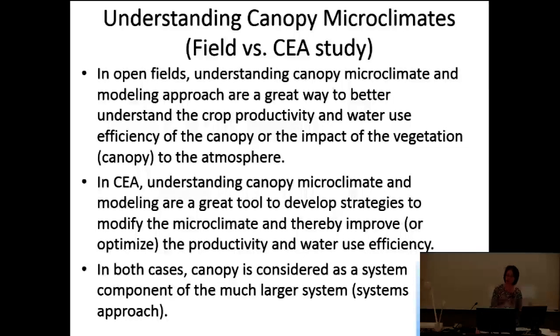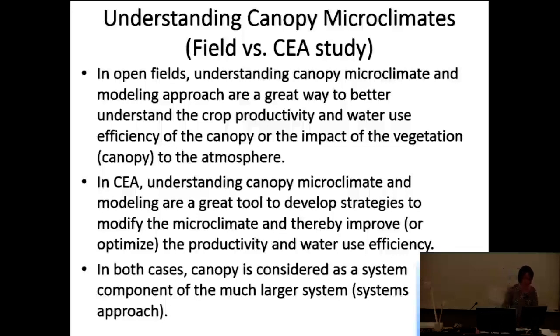So in greenhouse studies, the canopy is usually considered a very important element in the system. We analyze the canopy and look at the microclimate, and based on that information, greenhouse scientists can develop technologies and strategies, like leaf pruning or lighting, which I'm going to talk about today.